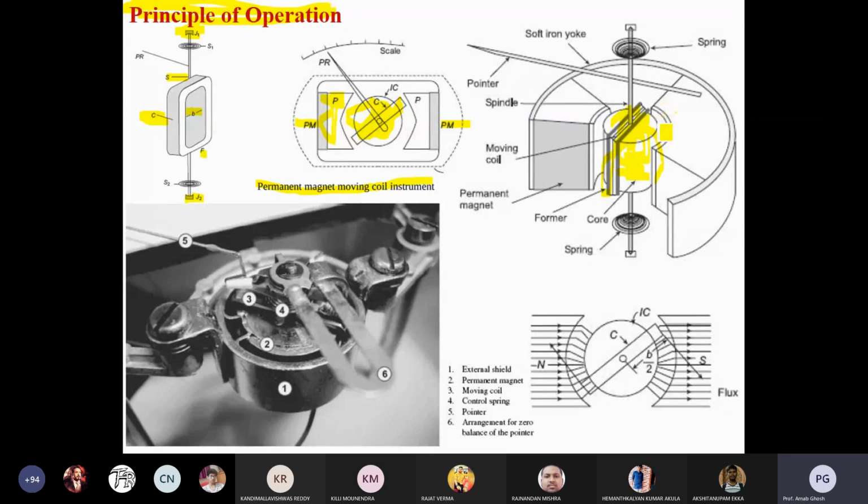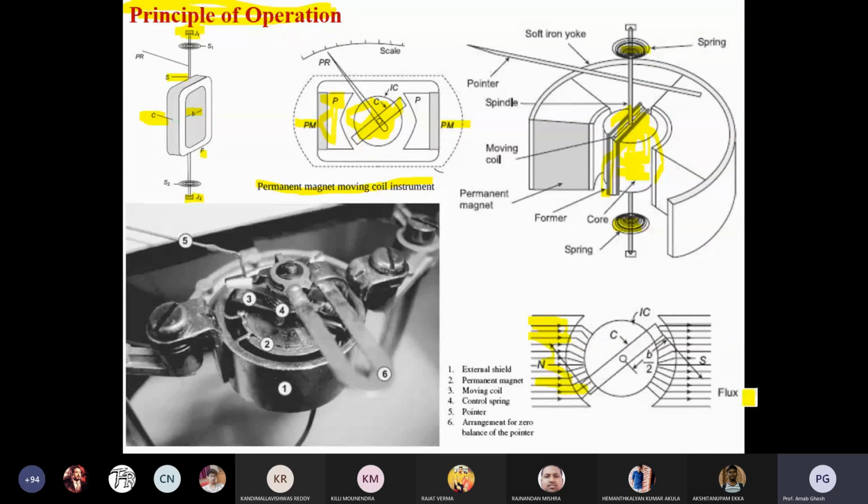You can see the lines of force inside that core and the former. And this is your moving coil, and the middle hole is your shaft line.